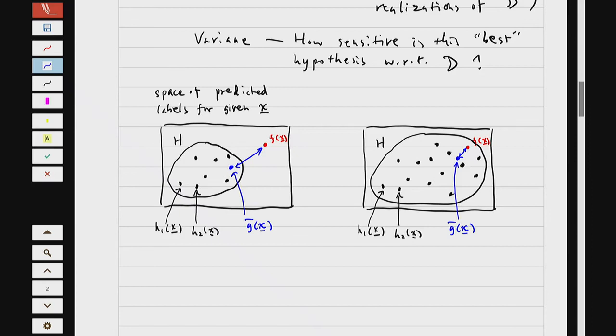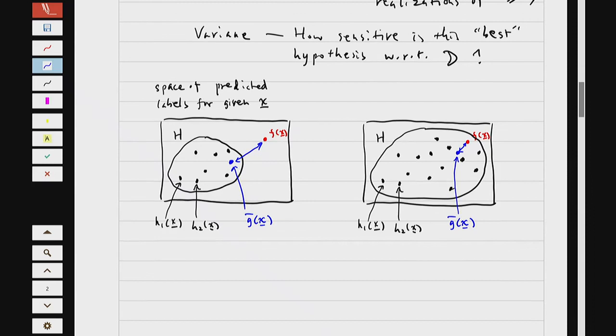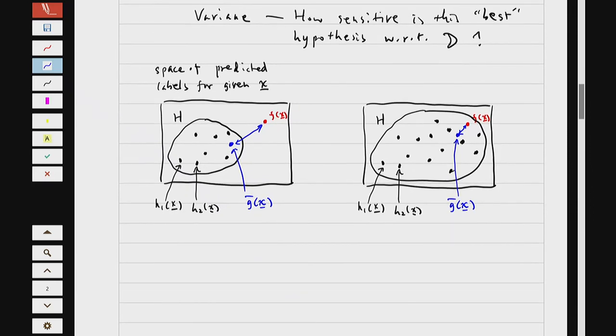So we have to use this space of the labels to see it. We are now closer to the true label of this single data point x. Yes? Yeah, but that would be a different hypothesis.